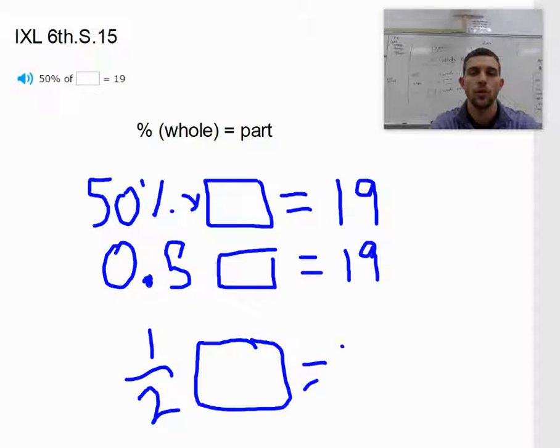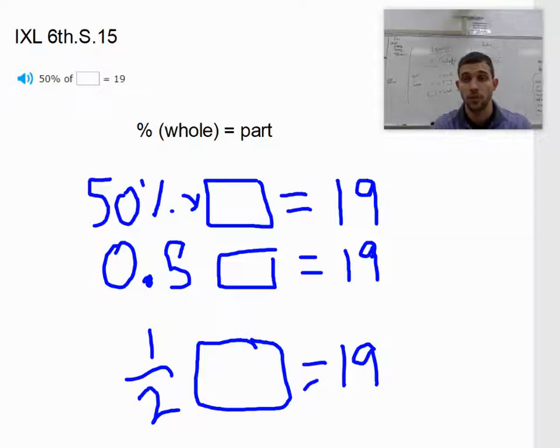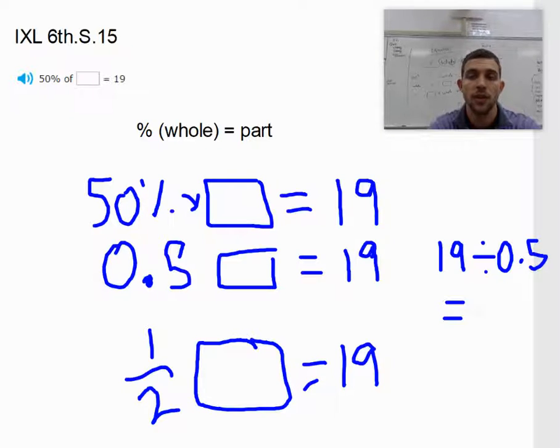And so the easiest way to do this is to reverse our process. If you're using a calculator, you can just reverse it and say 19 divided by 0.5, and you should get 38.